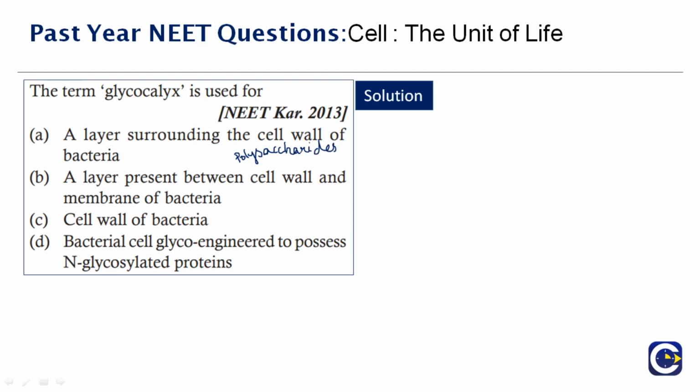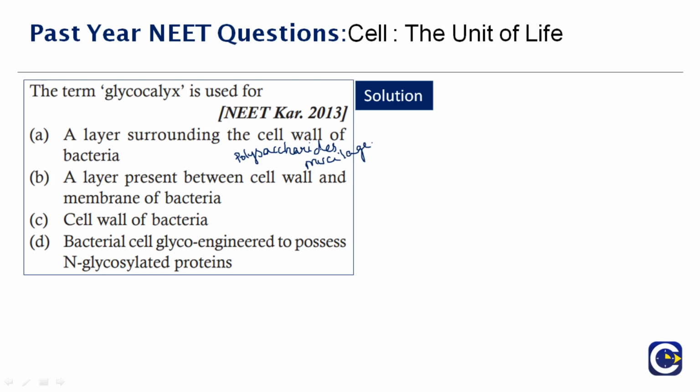The other name for glycocalyx is mucilage. Have you ever heard about this? Mucilage means a viscous secretion, or you can call it a viscous body fluid. This is actually called the capsule, which gives the gummy, sticky nature. What is the function of glycocalyx?